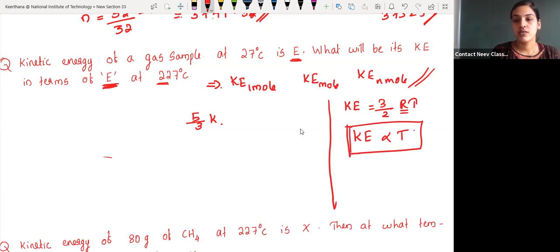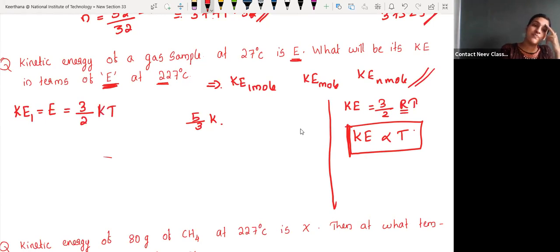In these comparison cases, you can directly use the equation. I can tell you both ways. If you're using kinetic energy of 1 equal to E, using 3/2 kT, or 3/2 RT, or 3/2 nRT, nothing is going to happen, both will be the same.